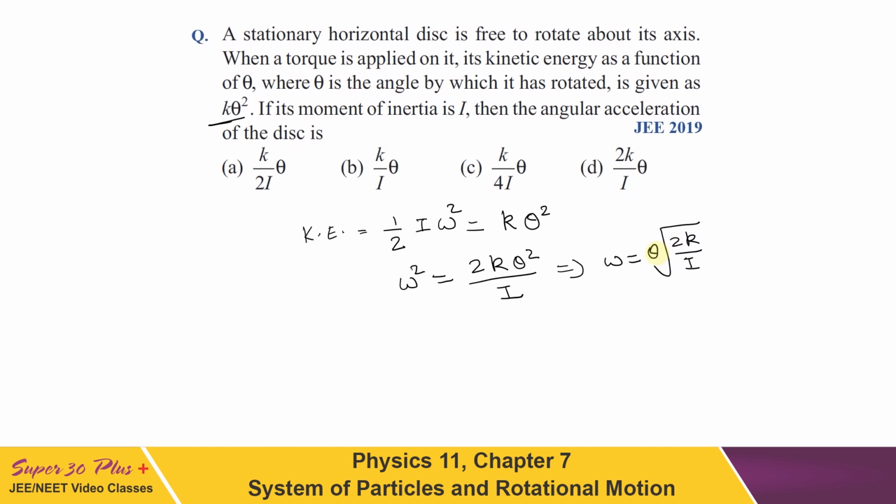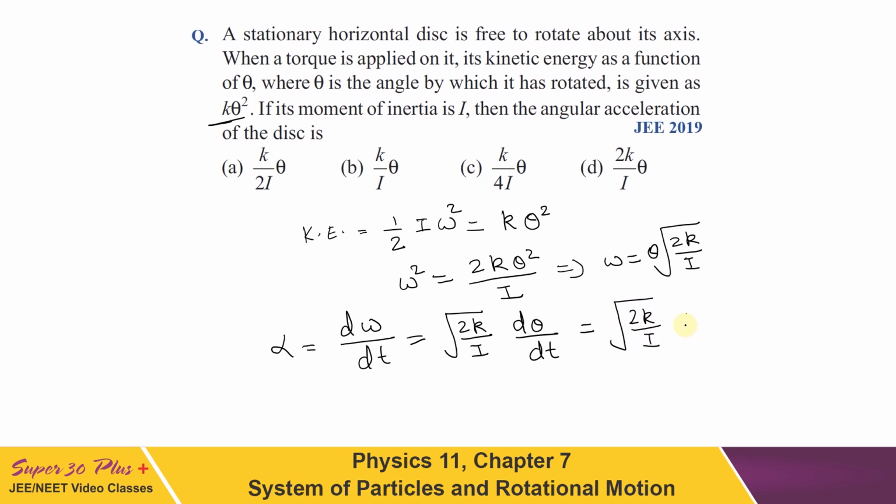Now we have to calculate angular acceleration. So let us differentiate this omega term we have just obtained, and angular acceleration alpha can be written as d omega by dt. So differentiating this expression with respect to time, root under 2k by I being constant can be written as it is, and then d theta by dt, which is equal to root under 2k by I multiplied with omega.